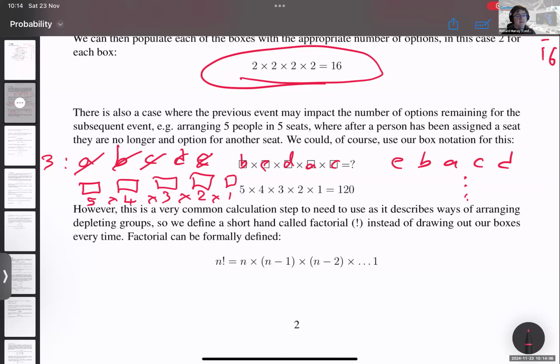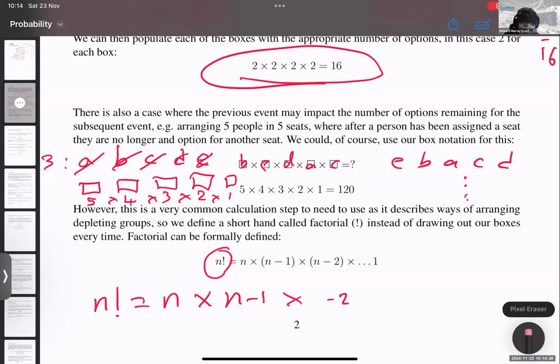Having to draw out these boxes every time we want to figure out the number of ways something could be combined is going to take a lot of time. So we introduce a shorthand piece of notation, which is the factorial symbol, which is saying n factorial is equal to n, the first number, times n minus 1 times n minus 2 times all the way down to 1.